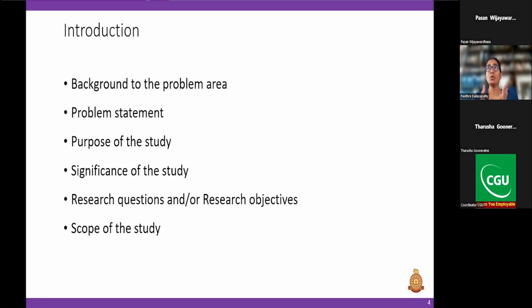Then based on those, you come up with the purpose of the study, why you want to study it. Then if you can have research questions or objectives or both, and the scope, right? This part itself, if it's going to be 2 to 5 pages, will be about 1 page, 1.5 pages.